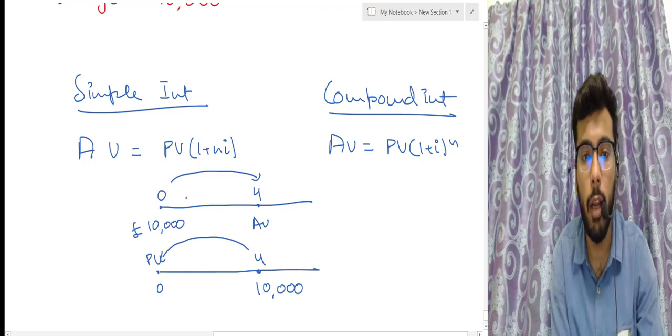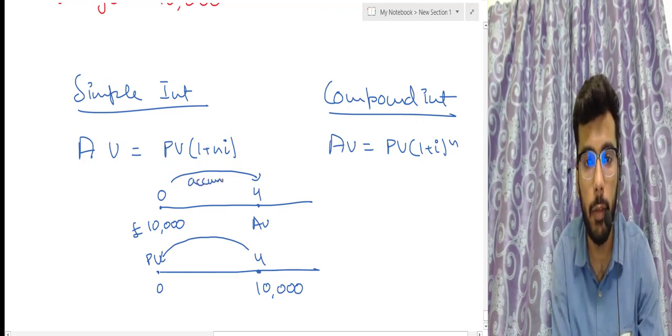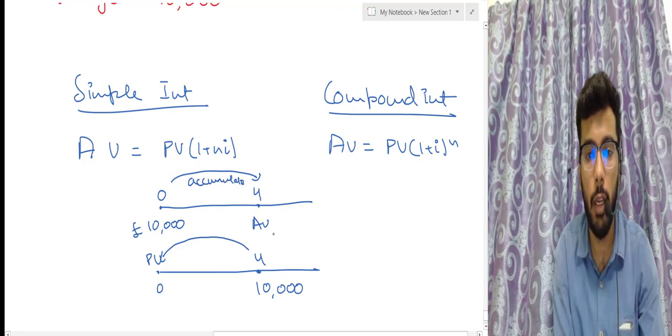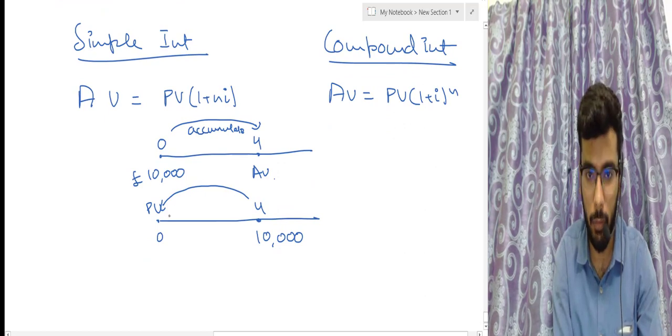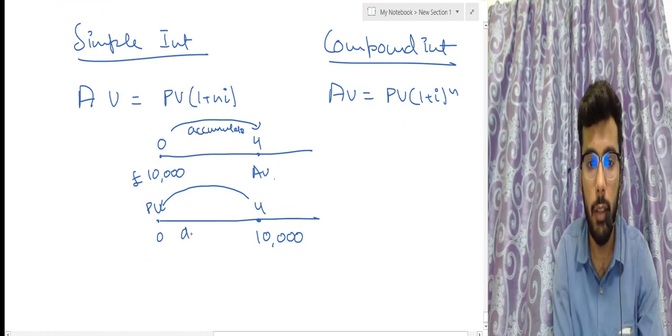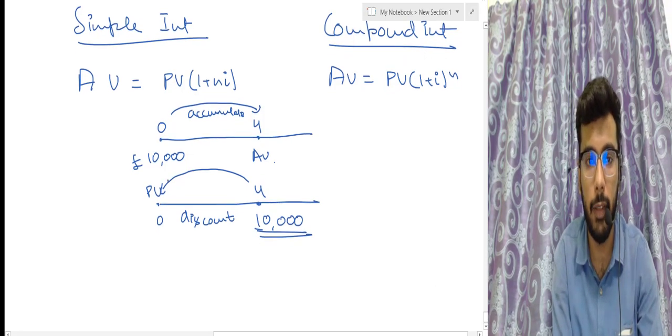When you accumulate for 4 years, this gives you your accumulated value. When you discount this 10,000 for 4 years, this gives you your present value. That's how you accumulate and discount.